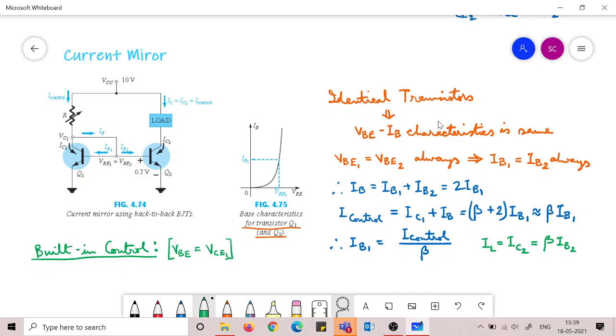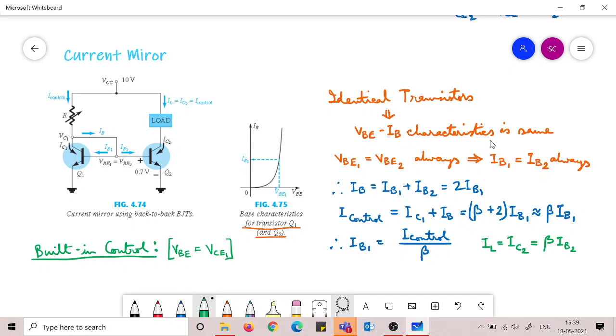And because they are identical transistors, another important fact is that the VBE-IB characteristic, the input characteristic, is also the same for both these transistors.